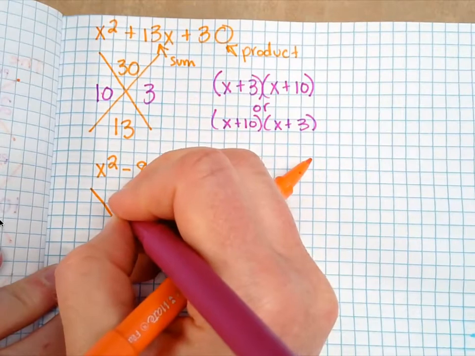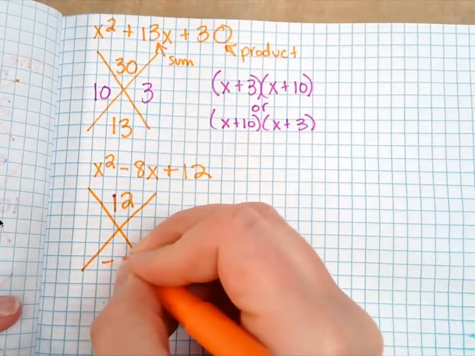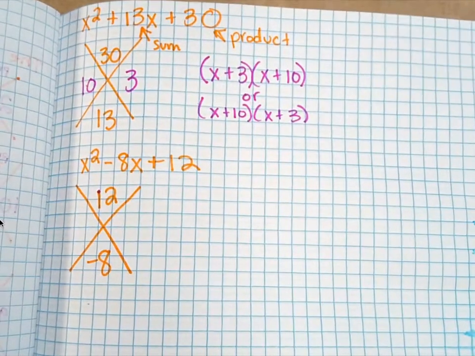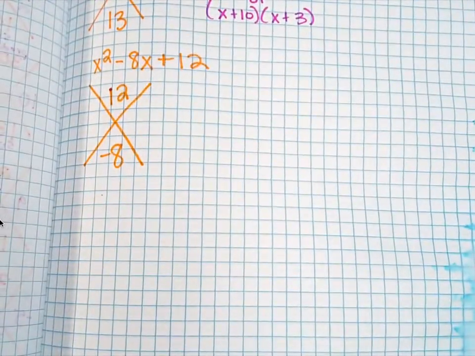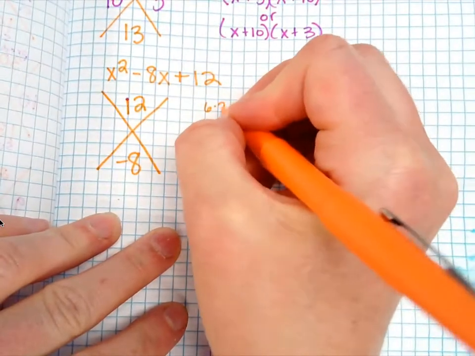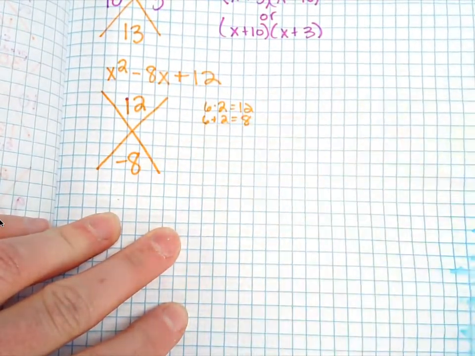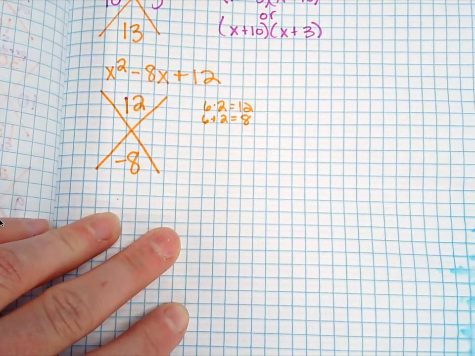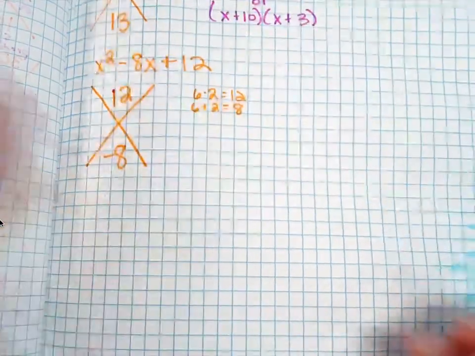Product goes on top, so this is 12 and negative 8. So what multiplies to get 12 but adds to get negative 8? 6 times 2 is 12, but 6 plus 2 is positive 8. So what do we need to do? Make one of them negative. Actually, make them both negative.